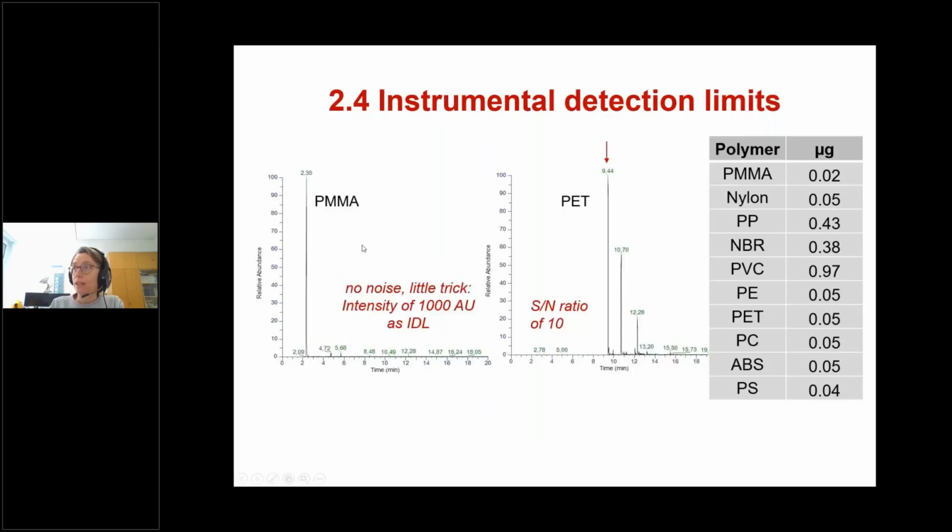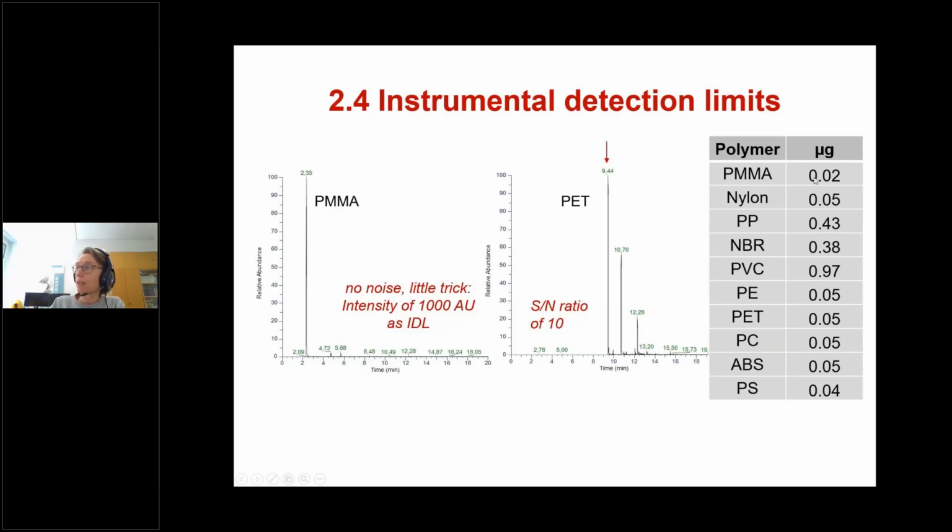We go to the instrumental detection limits. The case of PMMA, there is no noise, so the limit of detection could be really, really low, but we take 1000 of intensity as an instrumental detection limit, because as you can see here, at the exact mass of this compound, there is no noise.